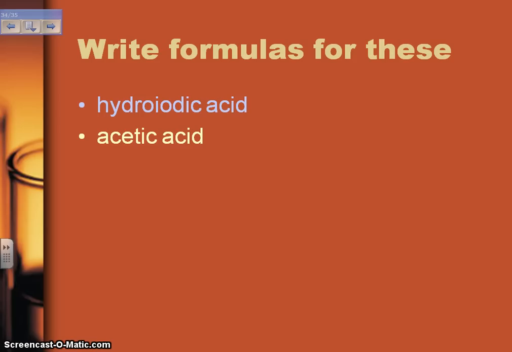Acetic acid does not have the prefix hydro, so we know that we're going to have hydrogen, but we're going to also have one of our polyatomic ions, acetate. Hydrogen's +1, acetate's -1, so our formula is going to include one of each.